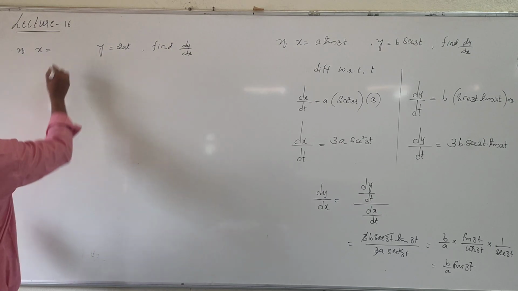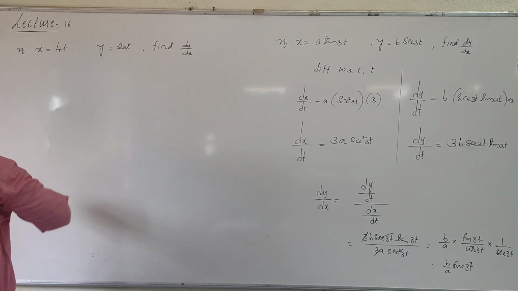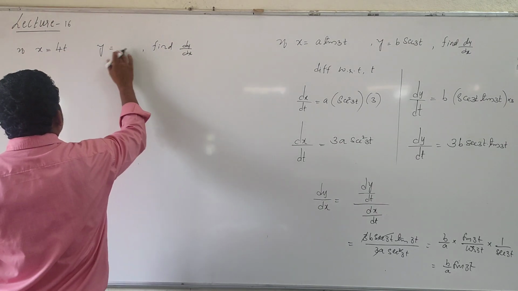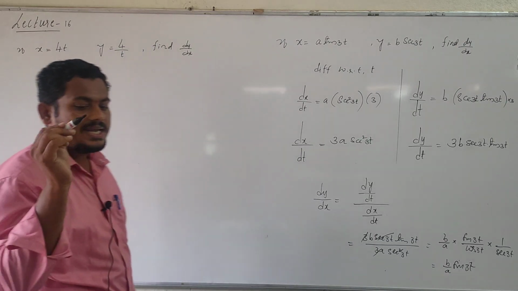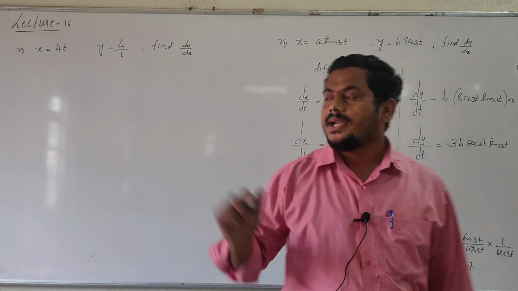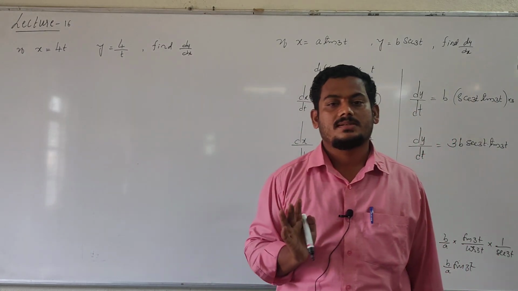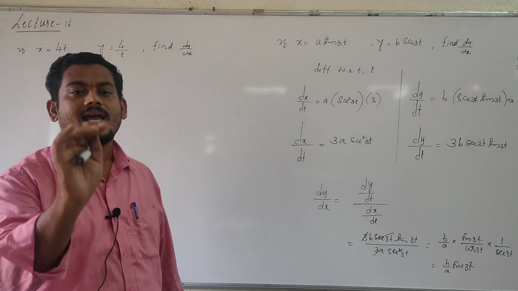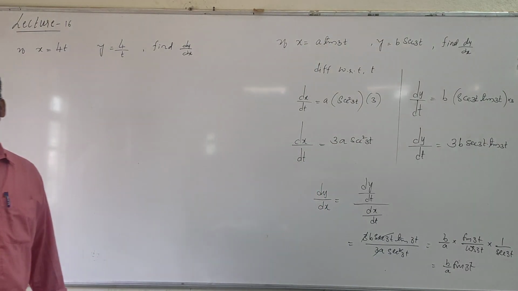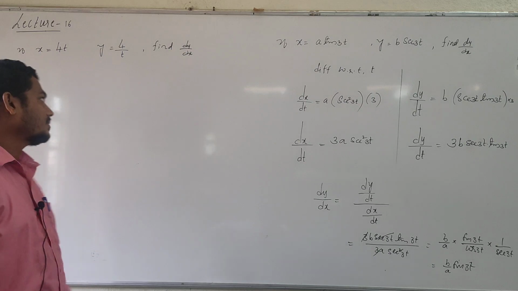Next, x equal to 4t and y is equal to 4 divided by t. Find dy by dx. It's also an important 2-mark question. Parametric form, because both x and y are given in terms of a third variable t, right?